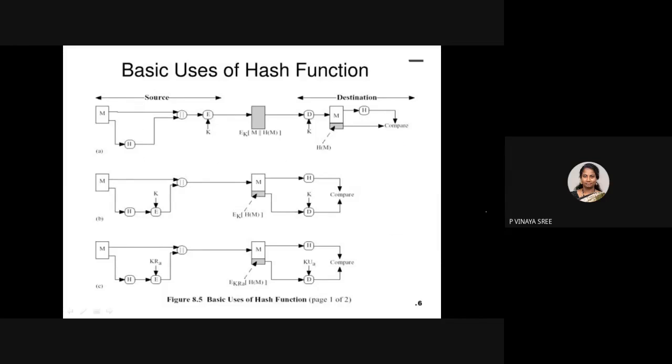Think about confidentiality. If you are sending ciphertext instead of plain text, then you are providing confidentiality. Are you sending plain text or ciphertext in this diagram? Plain text, ma'am. Means is this diagram providing confidentiality?